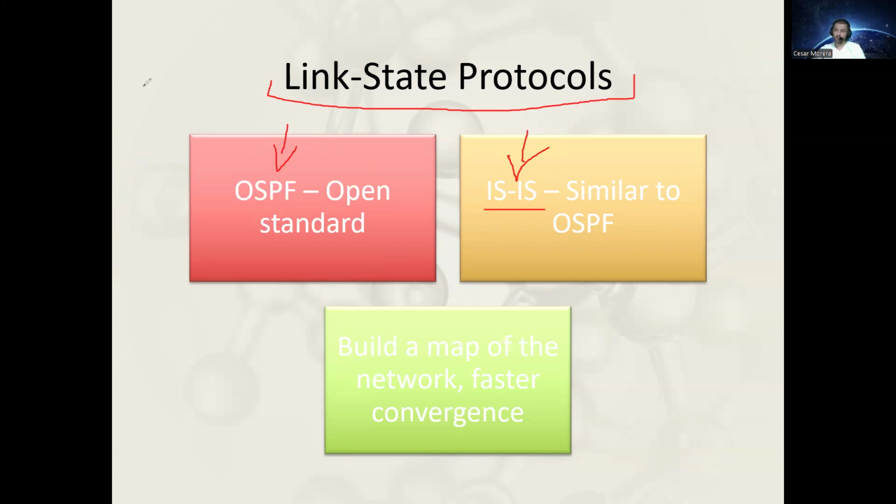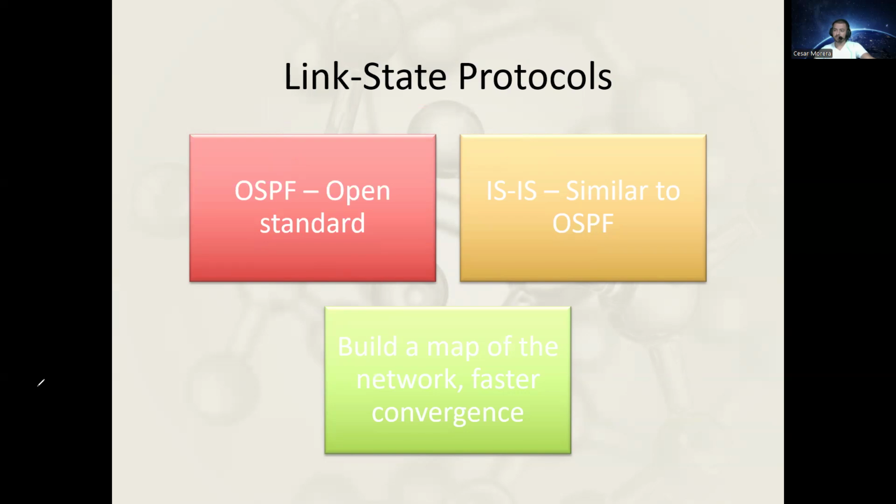If you remember about OSPF a little bit, we're talking about the OSPF database. They create a database, and that's basically what they built: a map of the whole network, and it is faster in order to complete convergence.